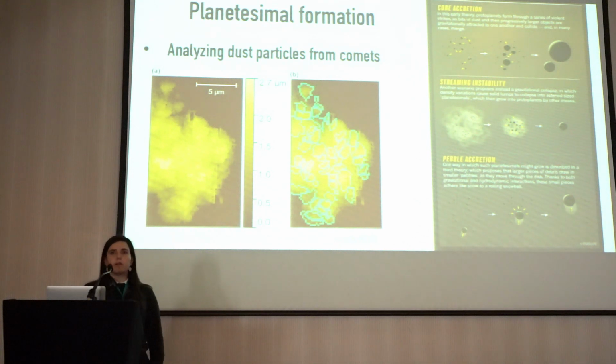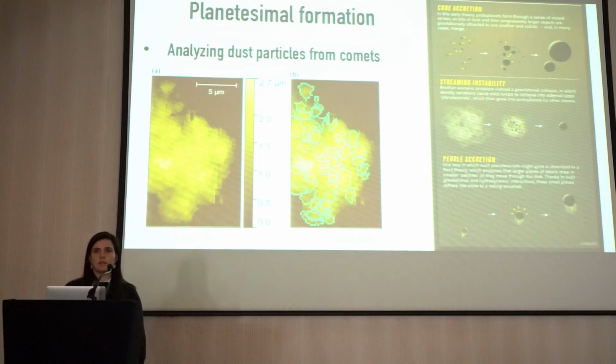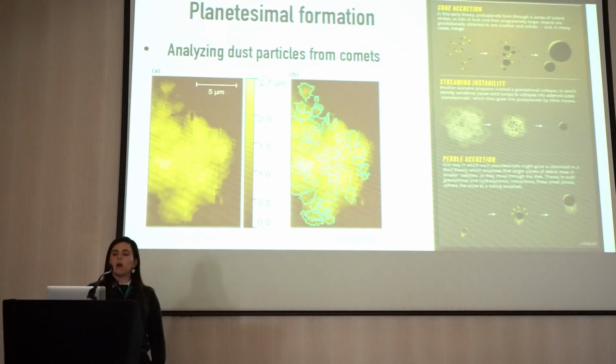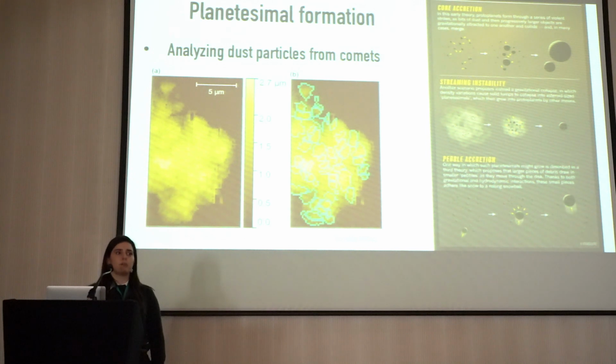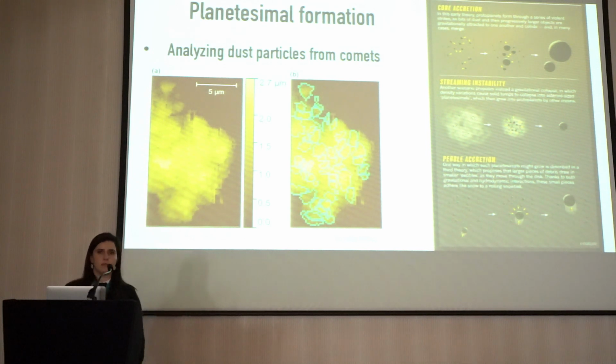And I told you earlier that space missions, in situ space missions, allow us to send laboratories to these objects, and we can have very detailed analysis. And this is a result that I used as an example, which is from MIDAS on Rosetta, which detected fractal-like structures on some of the fluffy dust particles that they detected in the coma of 67P.